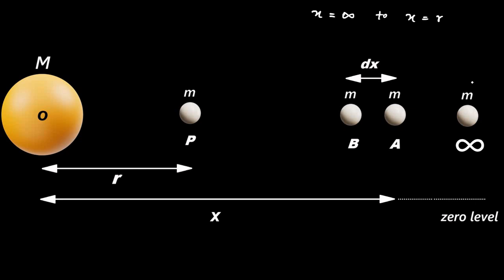At this point the separation distance is infinity, and at point P the separation distance is equal to R. So this is the lower limit and this is the upper limit, infinity to point P, x equal to infinity to x equal to R.